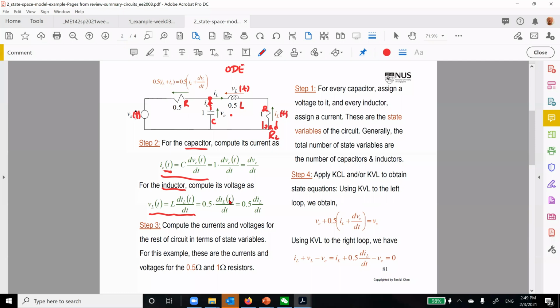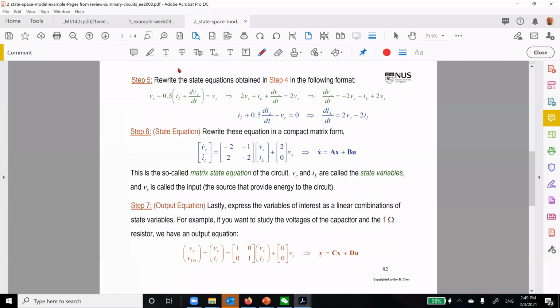So what we are going to do next is write two simultaneous equations. On the left-hand side, VC is your state variable, IL is your state variable. You take the derivative of it and represent it in terms of other variables.